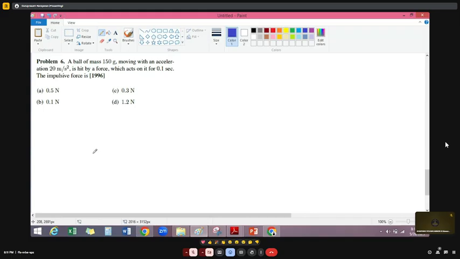A ball of mass 150 gram moving with an acceleration is hit by a force which acts on it for 0.1 second. The impulsive force means F into delta T is equal to mv minus mu.